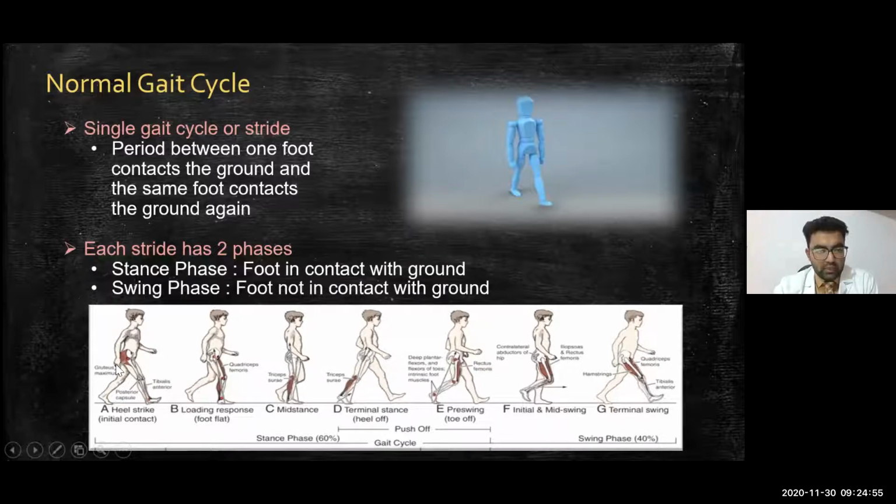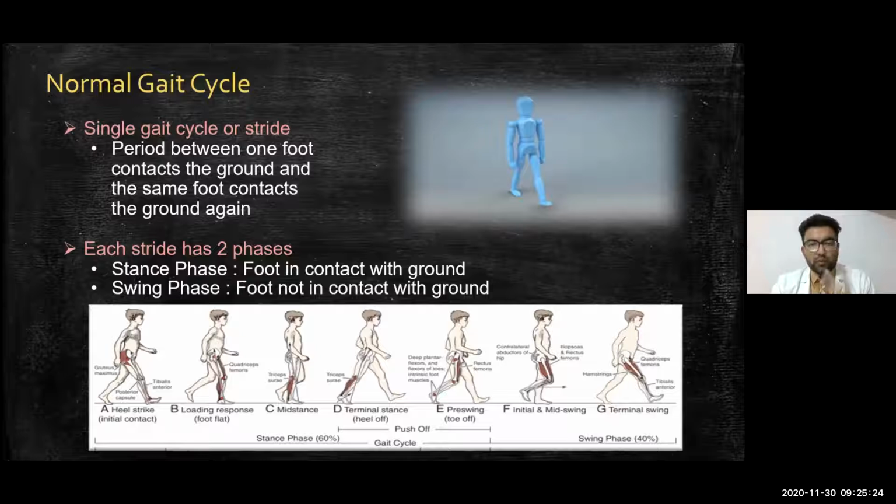Below in the picture, you can see the child has put his right leg on the ground. So the gait cycle starts from here until here, when the child puts its right leg again on the ground. This defines the single gait cycle or a stride.